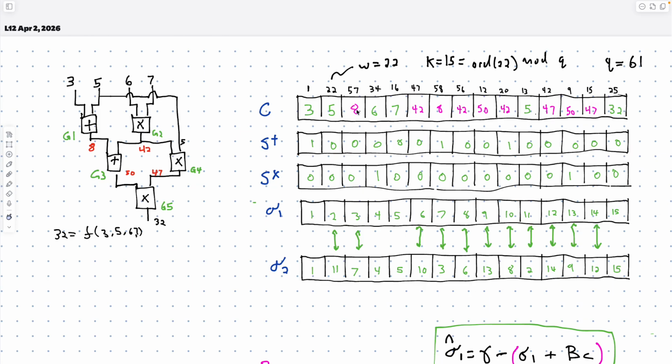I'll interpolate that and I'll get back the polynomial in coefficient form. I'll do the same thing with sigma 1. So 1, 1, 22, 2, 57, 3, interpolate, gives me a polynomial. I'll do the same thing with sigma 2. So 1, 1, 22, 11, 57, 7, 34, 4. Those are all points. Draw a line through the points. Now I have it in polynomial form.